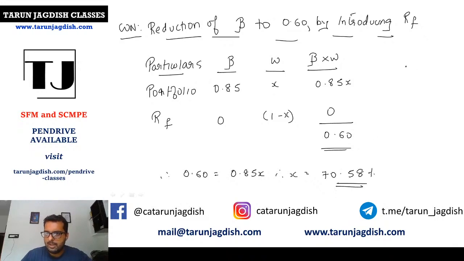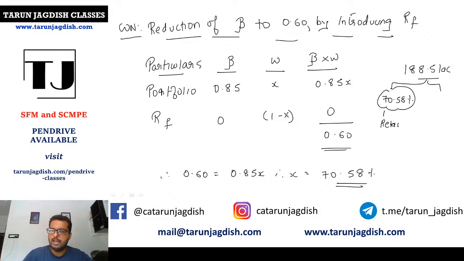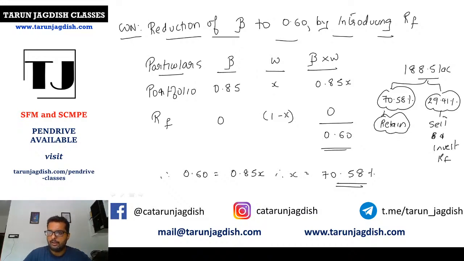This means in total, if my value is 188.5 lakhs, out of this 70.58% I should retain in the portfolio, and the balance 29.41% I should sell and I should invest in RF.